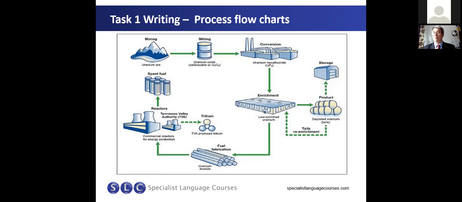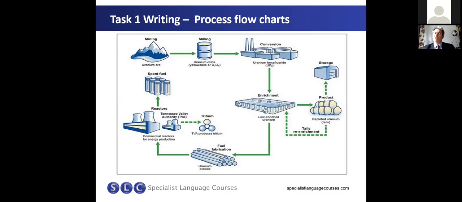The chemical formula is U2O, what is that? 6, U2O6. Then it is taken for conversion into uranium hexafluoride. I'm no nuclear expert, but all the vocabulary is given to us here. All we have to do is use English to connect these stages together and to get them to flow properly.